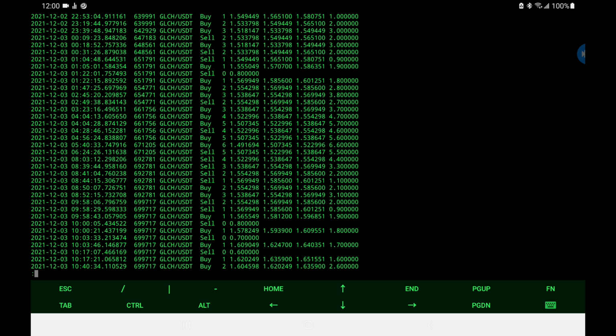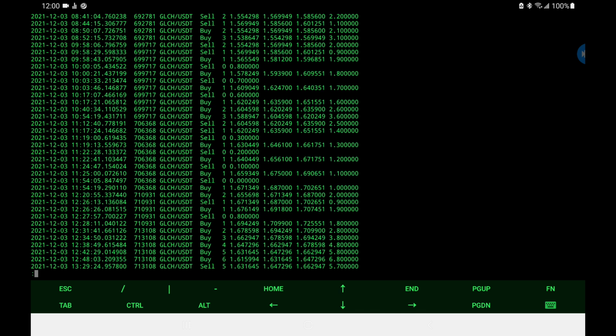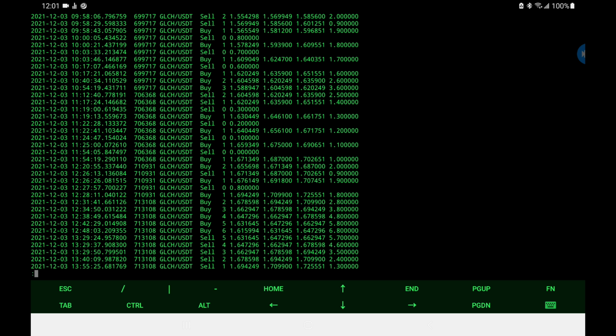Now, Glitch was a fresh start on KuCoin, when I started from the beginning and I watched it build. Again, very simple mathematics, 1 penny profits. As you can see, it does fairly reasonably well. And you can see the number of times it resets by the cell being 0.